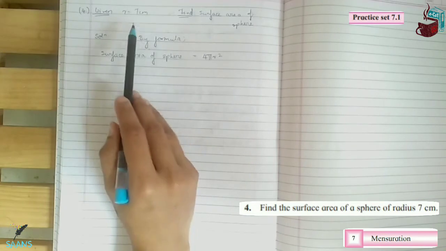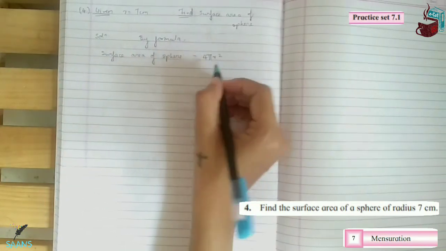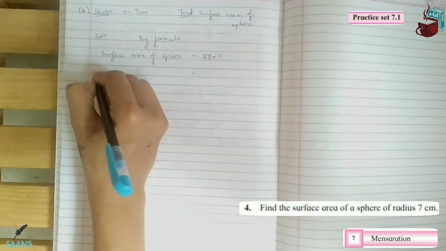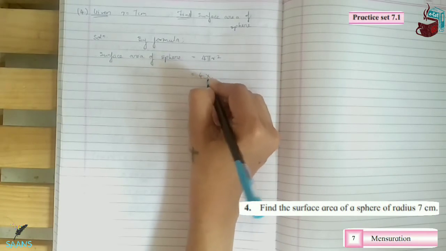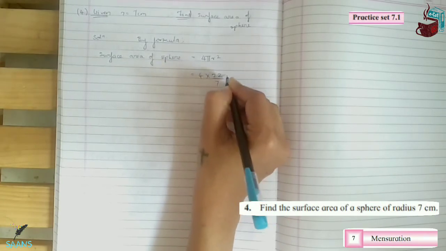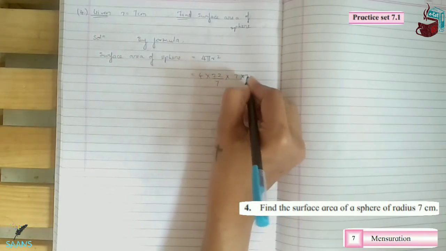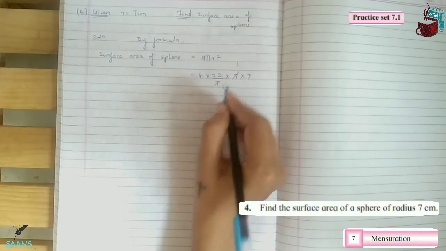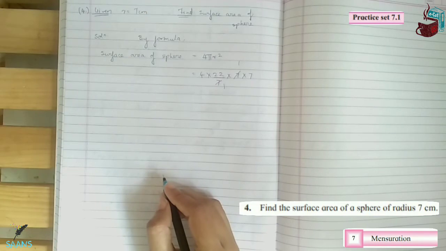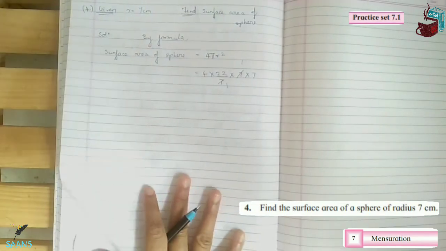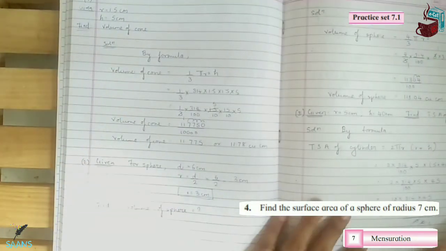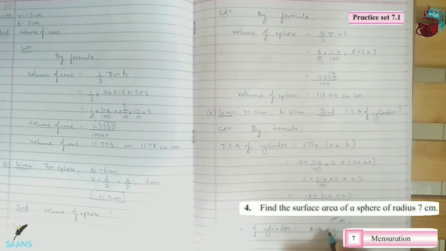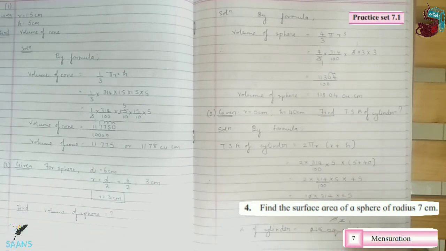Now see kids, r is 7, so pi can be 22 upon 7. So therefore 4 into 22 upon 7 into 7 into 7. Again after this is multiplication only. Oh, sorry. Here the answer is not 616 actually. Here the answer will be 1413 square centimeter.